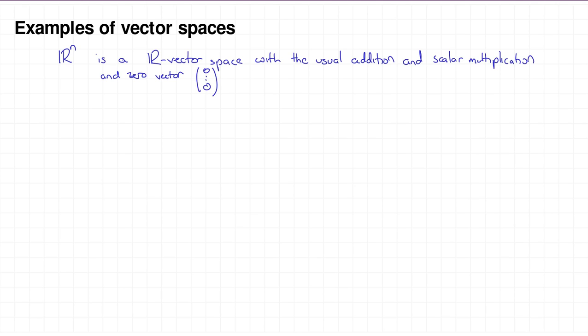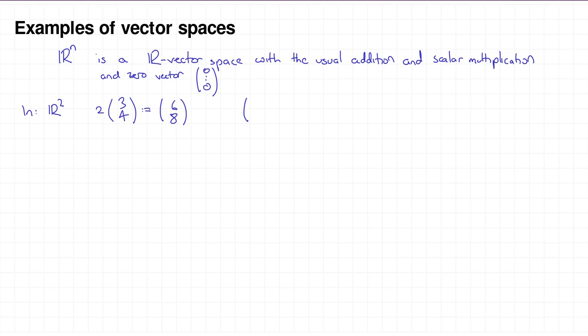So what I mean by the usual addition and scalar multiplication is that, for example, in R squared, the scalar multiplication, if you multiply a number 2 into a vector (3, 4), then what that is, by definition, is 2 times 3 at the top and 2 times 4 at the bottom.